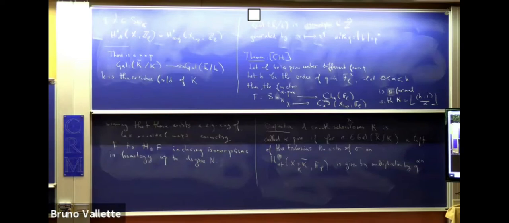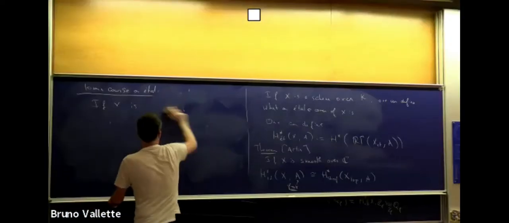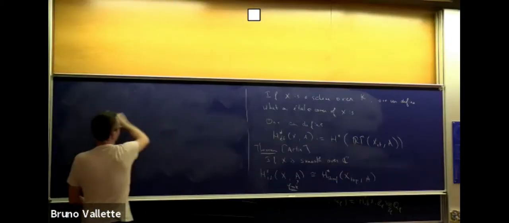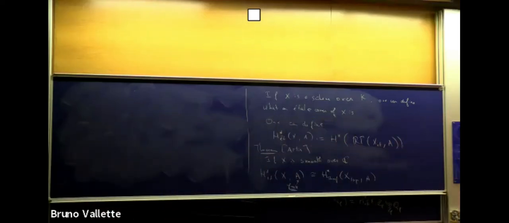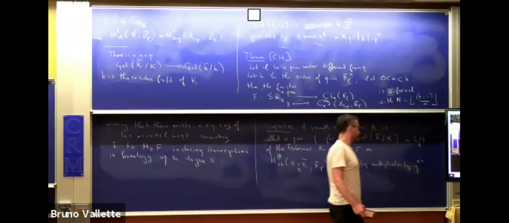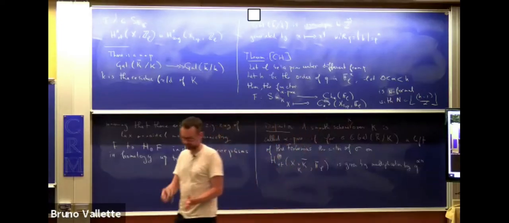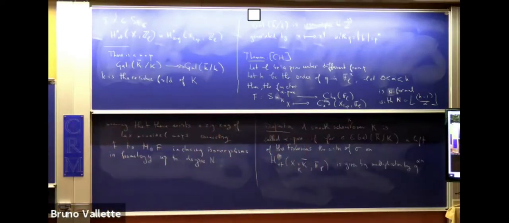So that's our theorem. I don't think I really have time to explain the proof, and in any case the proof is very similar to the theorem I described yesterday. In the Hodge case, I was using the fact that any mixed Hodge structure would split; the weight filtration would split. In this case there is a similar splitting, using a decomposition in terms of generalized eigenspaces for the action of these automorphisms.